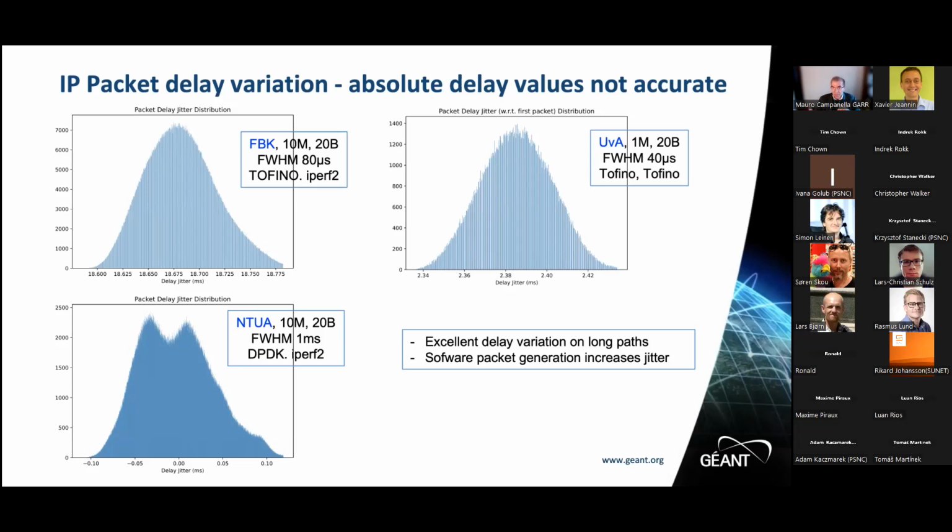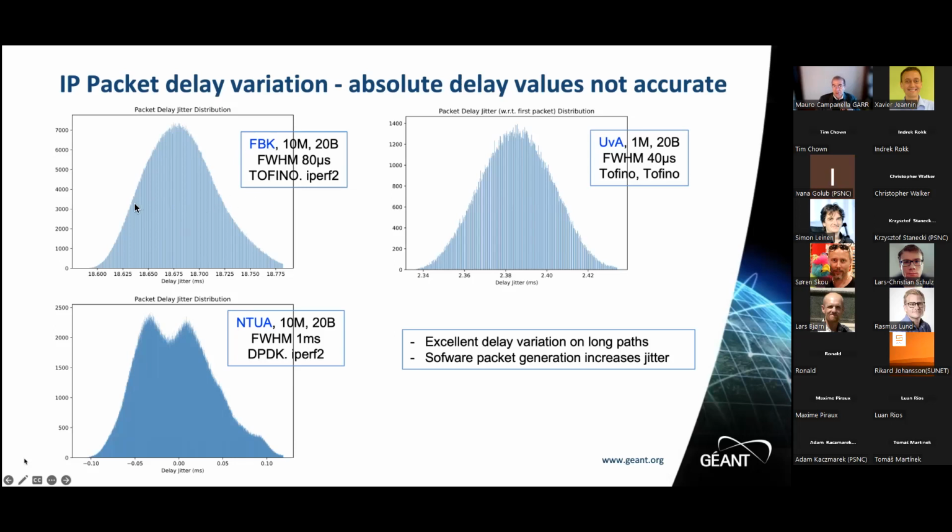This is one flow of 10 meg, 20 bytes for each packet. And we measured each packet, and then we plotted the variation of its time in going from the source to the sink. As you can see, this is from Italy, FBK, 10 meg.